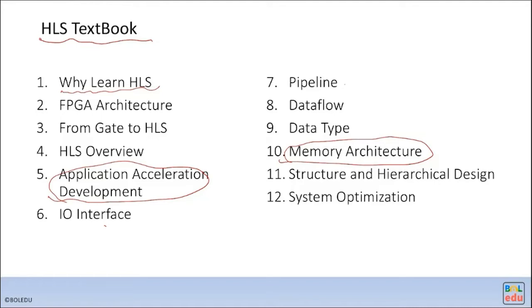So you use a small piece of memory to greatly eliminate the memory bottleneck. Here I will introduce a few memory caching techniques, and the structural and hierarchical design. And the last part is the whole system optimization issue.